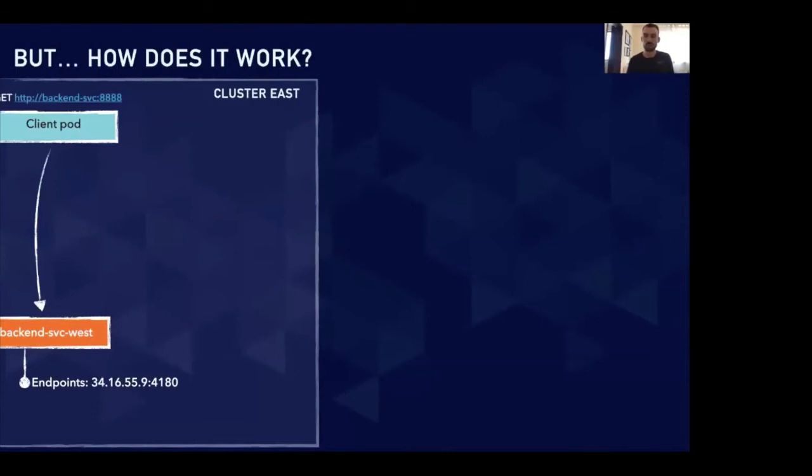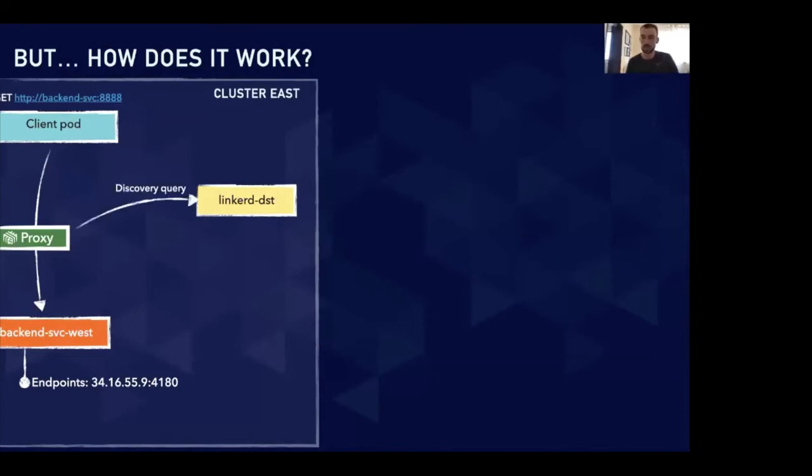Because this request goes through the proxy, we can be a bit smarter about what we do with it. Once this request hits the proxy, it uses the Linkerd destination component, which is part of the control plane, and issues a discovery query to it.